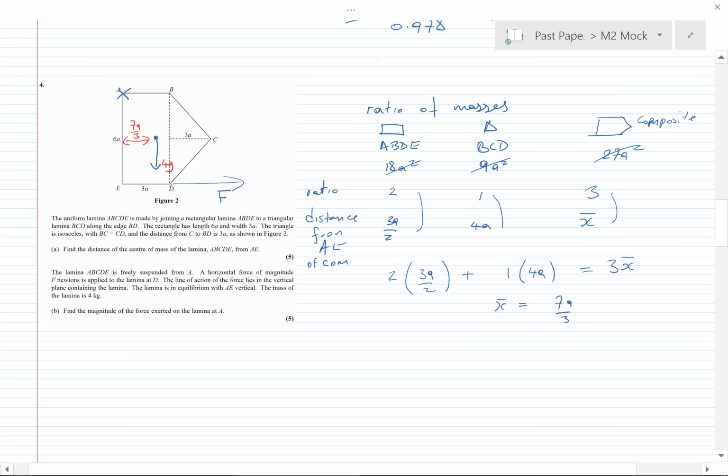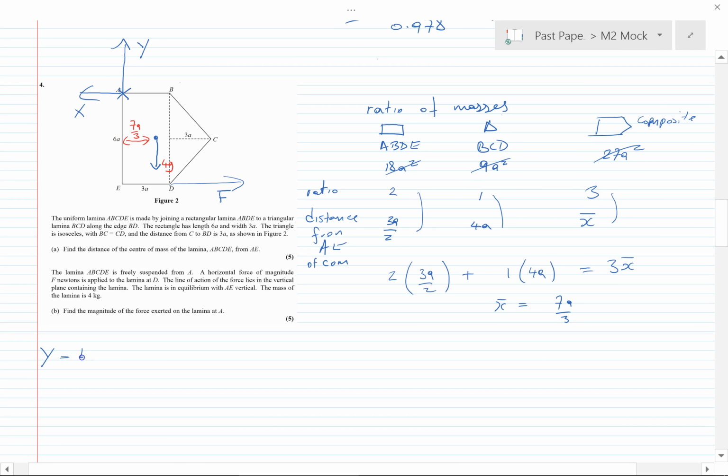Right, now obviously this whole thing is going to be in equilibrium, so wherever the force is, we can think of it as some kind of hinge, or it could be a tension. It doesn't matter really what it is. We're going to have a vertical bit, let's call that Y, and a horizontal bit, X, to balance out the F here. Now it's not going to be too hard to find what Y is.